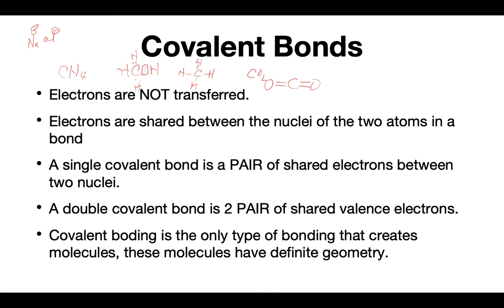Now let's look at that here. When we talk about an ionic compound like this one, the sodium cation and chloride anion are drawn together by electrostatic interaction, because of the positive and negative attraction.